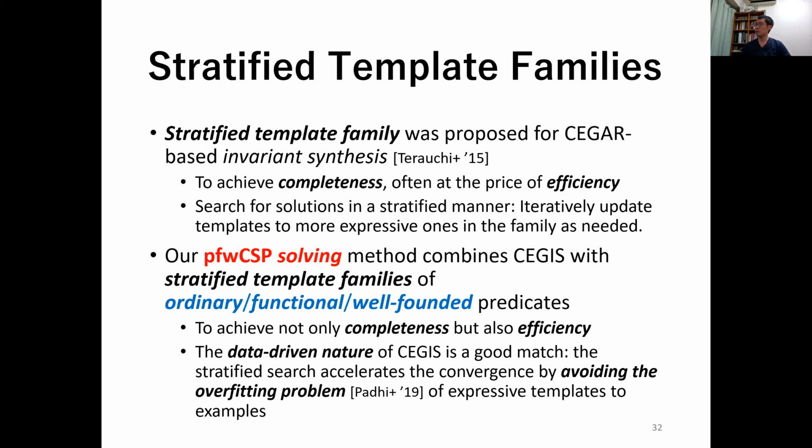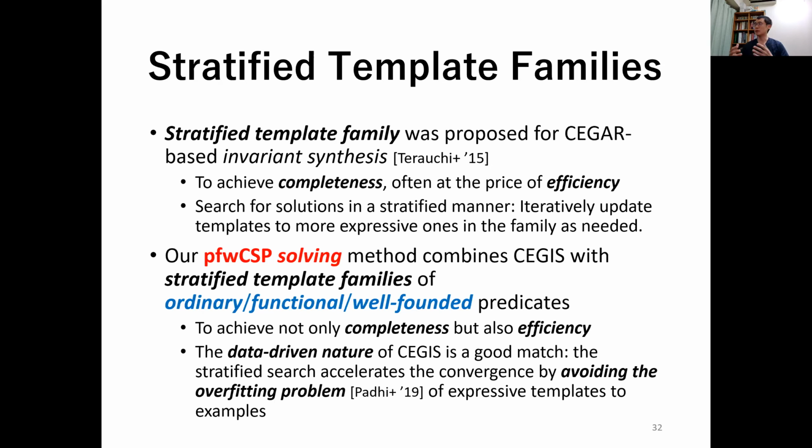In our pfwCSP solver, we adapt the stratified template families, but we extend them so that they are adapted to CEGIS instead of CEGIS. And also, we use them to infer all three kinds of predicates in pfwCSP: ordinary, functional, and well-founded. This is to achieve not only completeness, but also efficiency. By that, I mean CEGIS is data-driven.